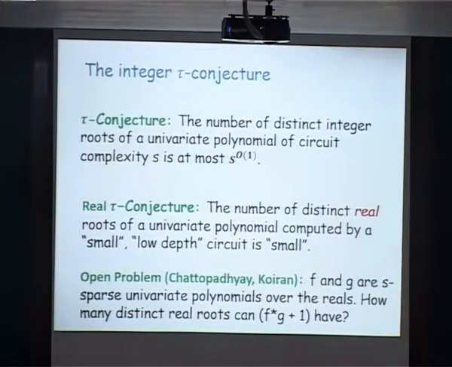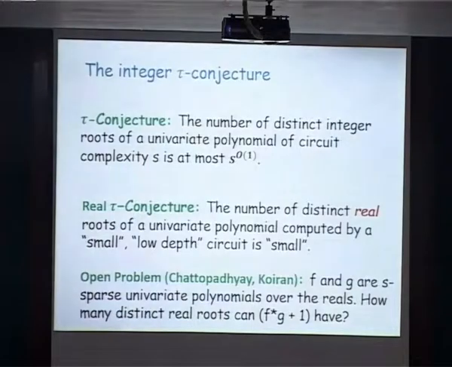Now suppose you have two sparse polynomials. You multiply them, each of them has at most S real roots. So F times G can have at most 2S real roots. But now, how many roots does F times G plus 1 have? We don't know.